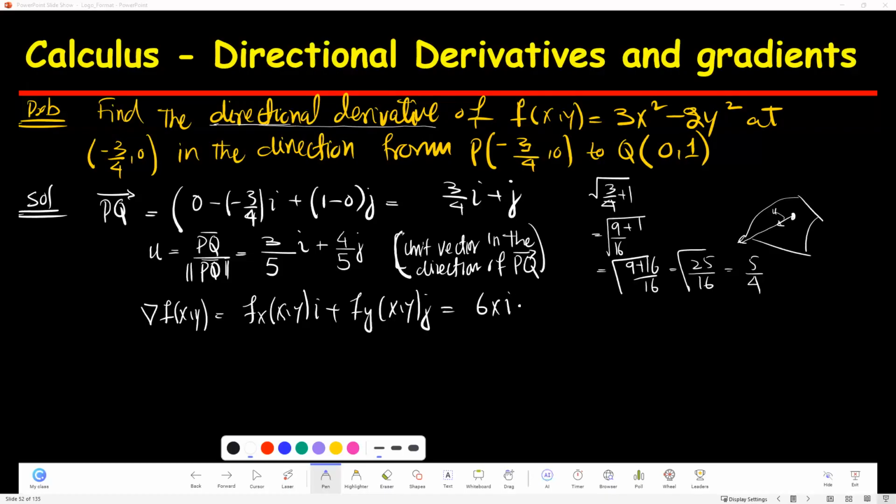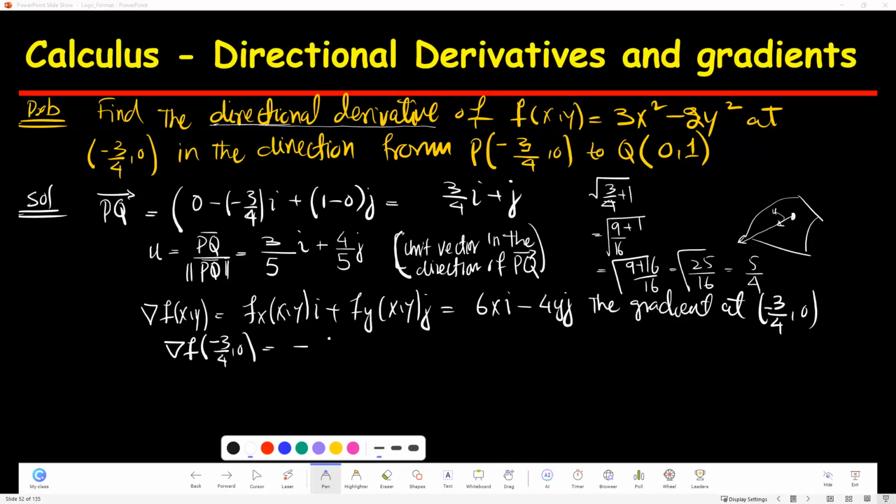Six x i minus 4 y j. You substitute the value of this. It's going to be minus 2 i plus 0.